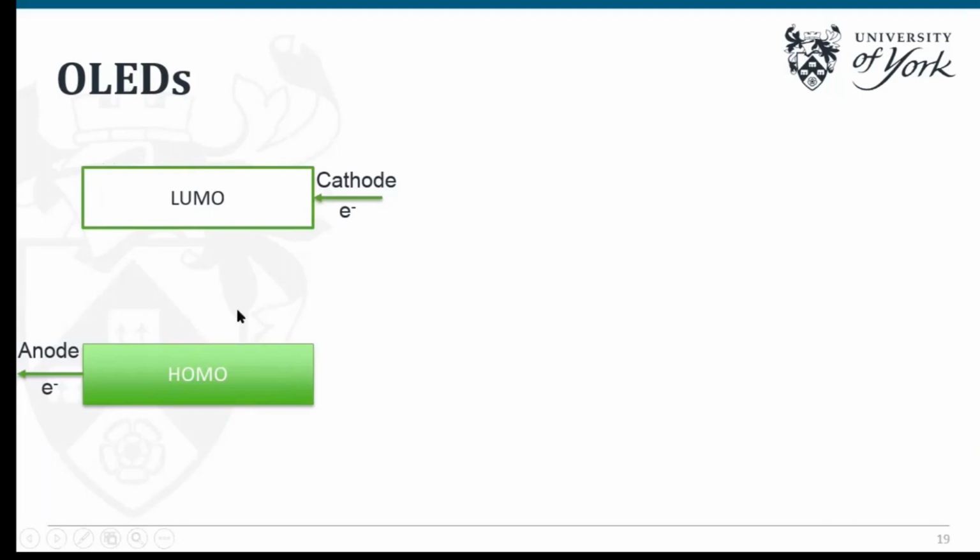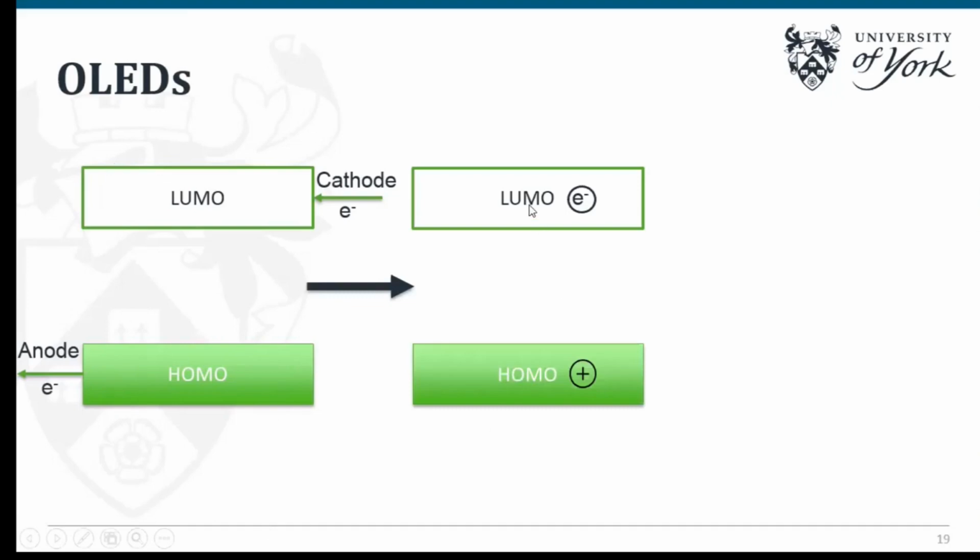And there is a gap between the two. The cathode injects electrons into the LUMO, while at the same time the anode is removing electrons. This results in electrons up in the LUMO and electron holes in the HOMO, which pair together to form an exciton.